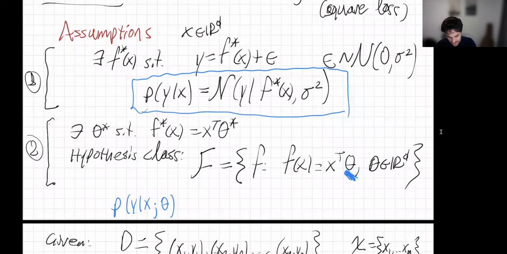We have assumed that the data is generated like this, and since assumption 2 is telling us that it's a linear function, an affine function, we're going to learn from this parametric family. So the conditional distribution induced by considering models of this form is parameterized by theta, like this.